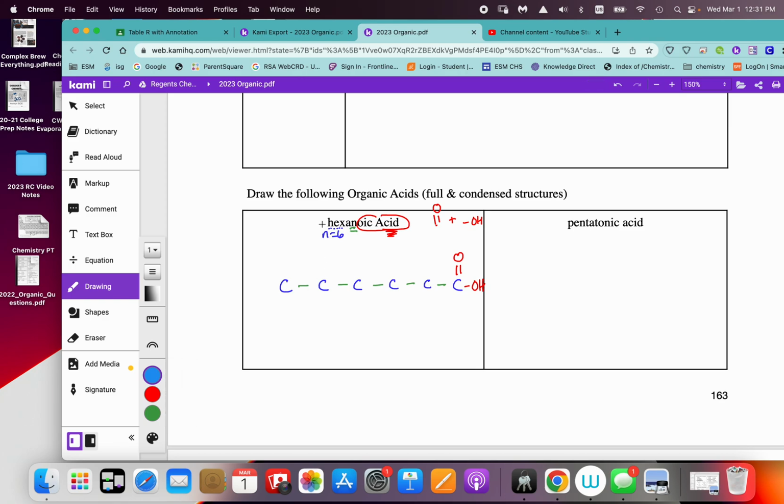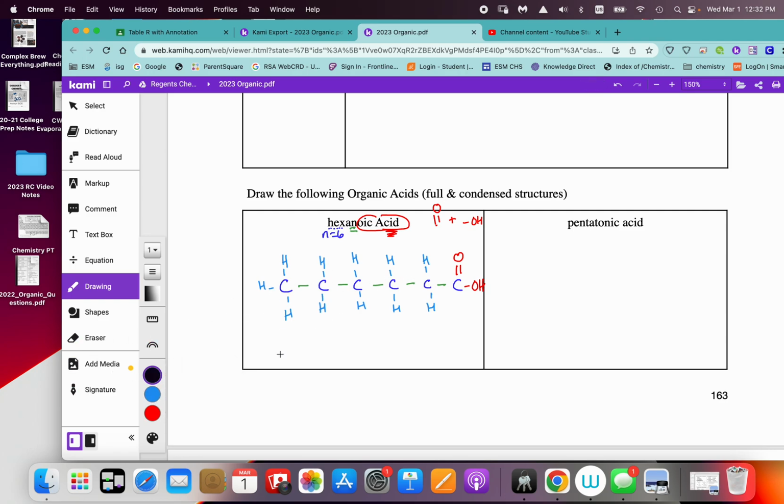Now that we've put everything that's in this name in the structure, we fulfill all carbon bond needs with hydrogens. When I get to my terminal carbon here, bond 1, 2, 3, 4, so this carbon does not need any additional hydrogens added to it.